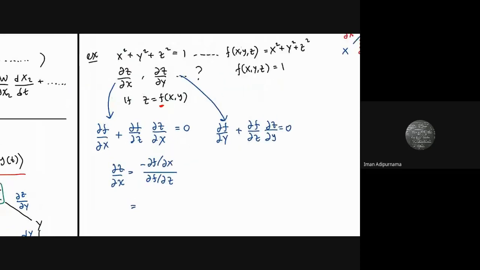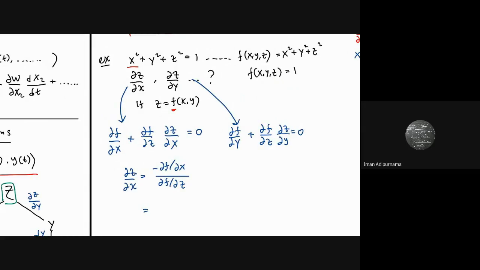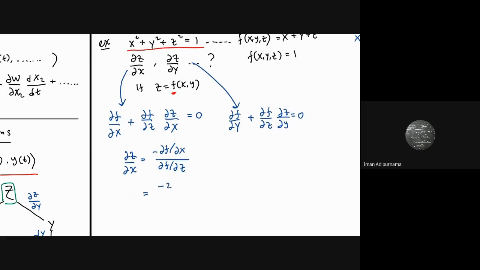Based on the first equation given here, dou f dou x, we just differentiate with respect to x, and the other variables will be constants. So we will have negative 2x over 2z, or we can write negative x over z.